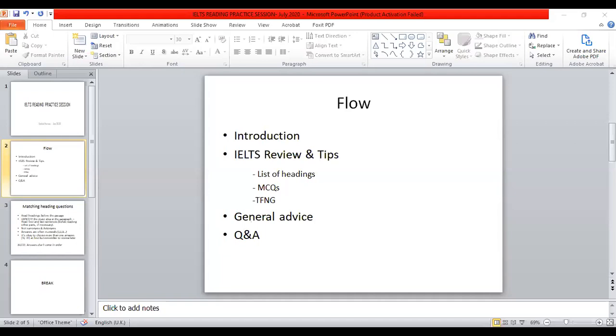So this is question 27 to 40. Many people will tell you many approaches, but you will find out what works best for you. In my own view, we just want to quickly answer the questions, find the answer and move on. I advise that you read the list of headings first, because it comes before the passage. Just quickly run through it.